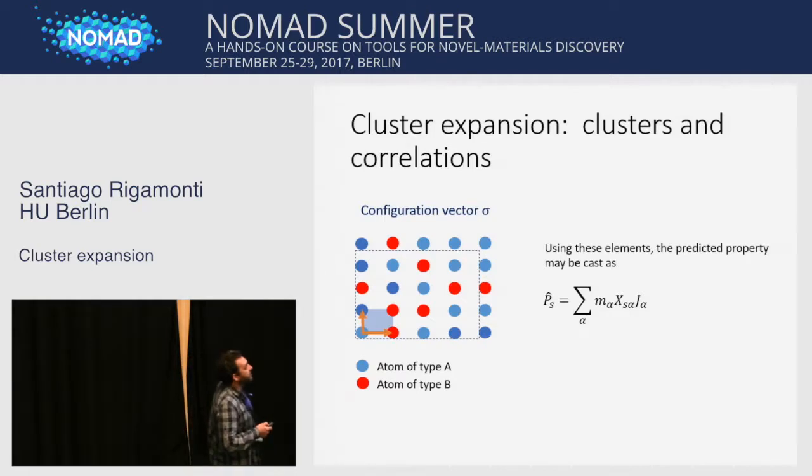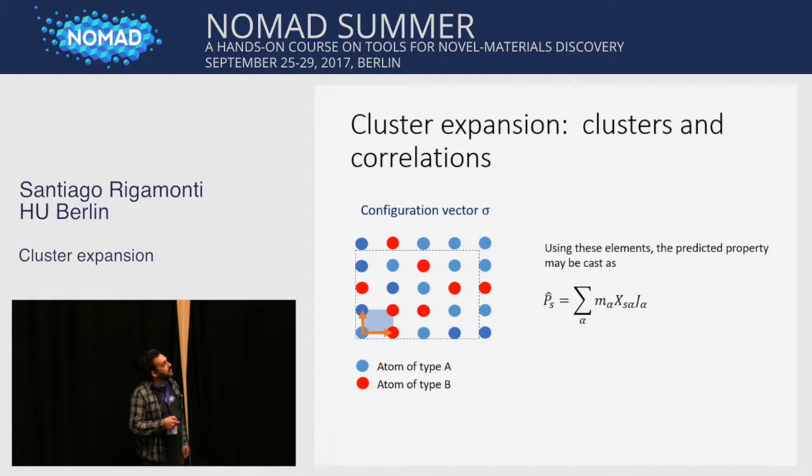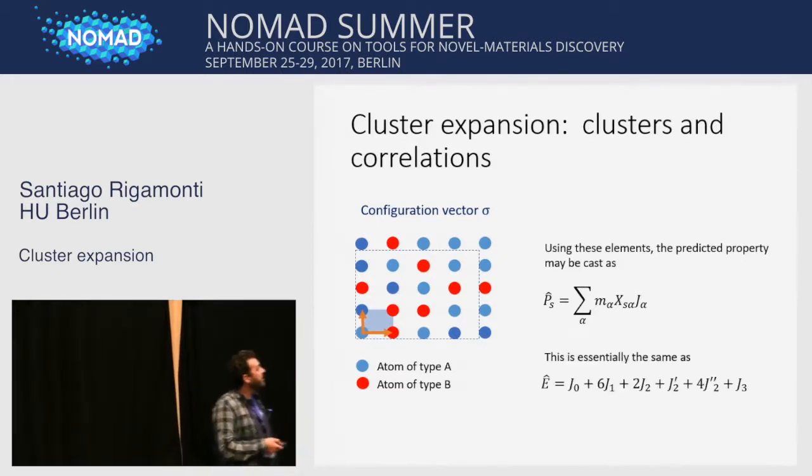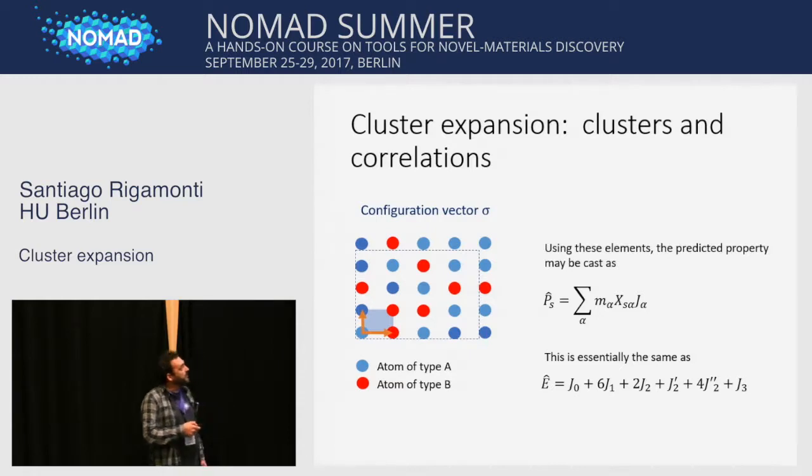Using these elements, then we can write the predicted energy as the product of the multiplicities times the correlations times the interaction coefficients. This is basically a nicer way to write what we wrote before. So these numbers that you see here will be the product of the multiplicity by the cluster correlations.